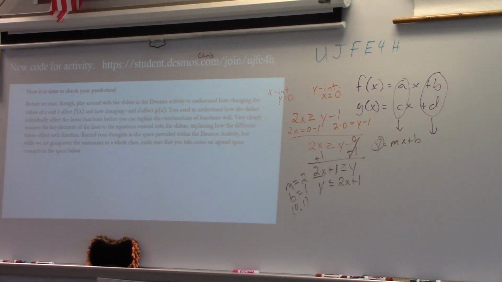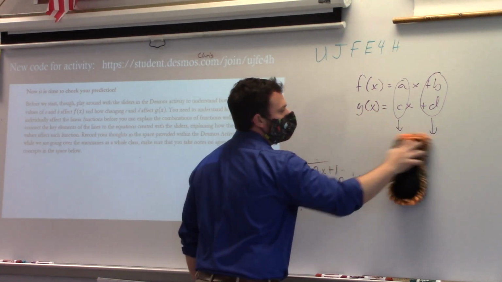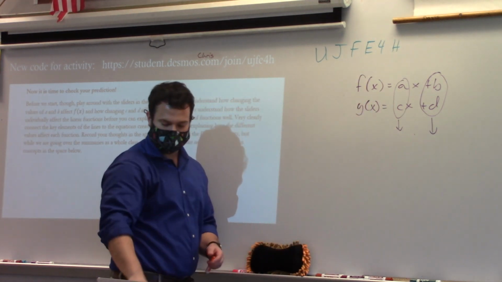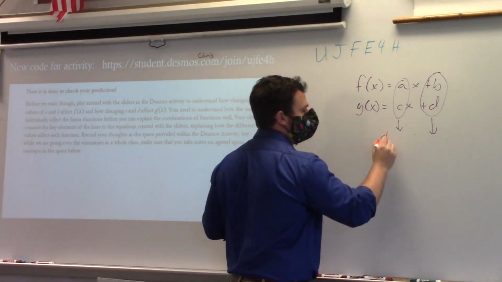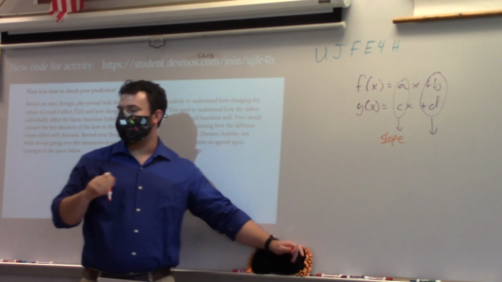I do want to remind you and ask, because it's important that we understand how the sliders work. When we looked at A and C for f of x and g of x, what did A and C affect or change for those functions? Slope. Okay? Layla, why should it make sense that A and C were the slope?